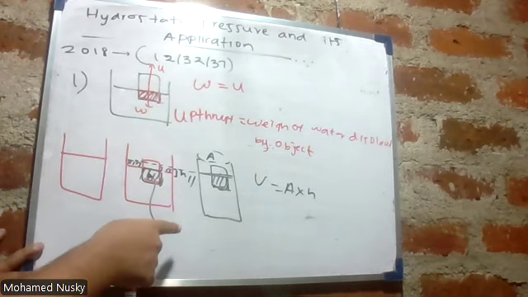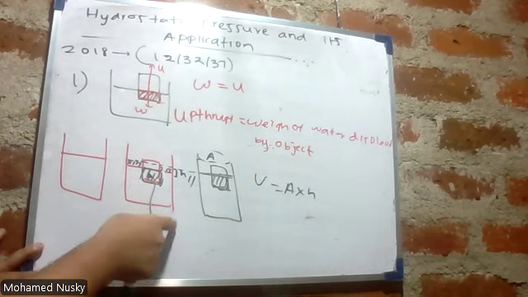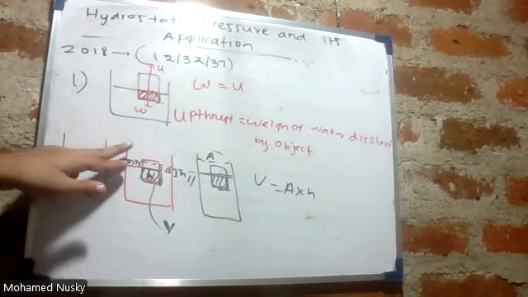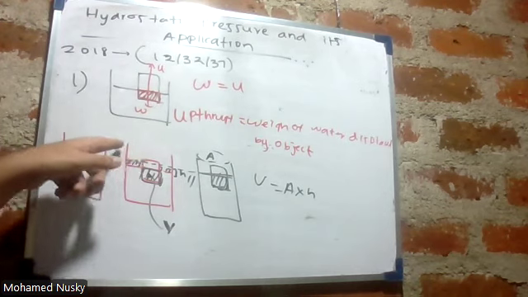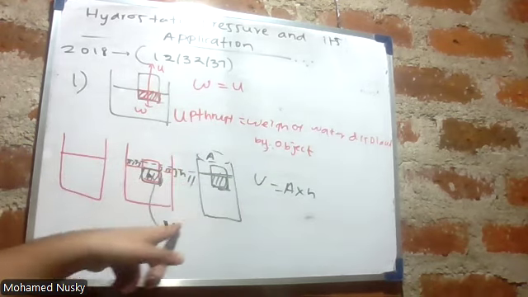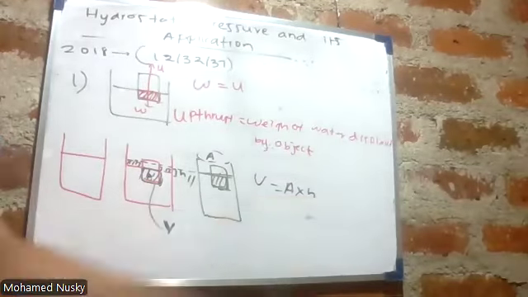That same V portion will be displaced by the water. The same V will be occupied. That V is equal to area into H. This area is A, this is H. Therefore, volume displaced by this is equal to A into H.